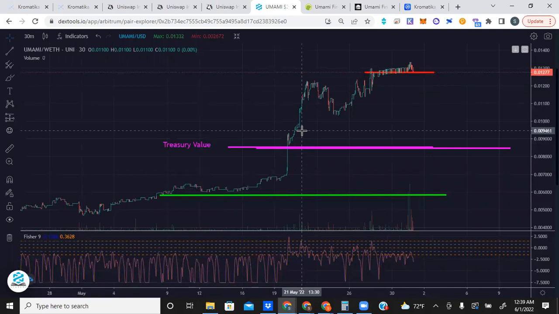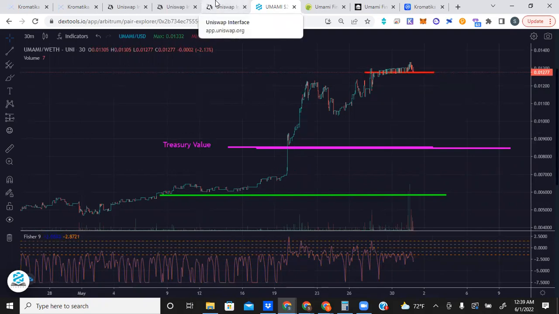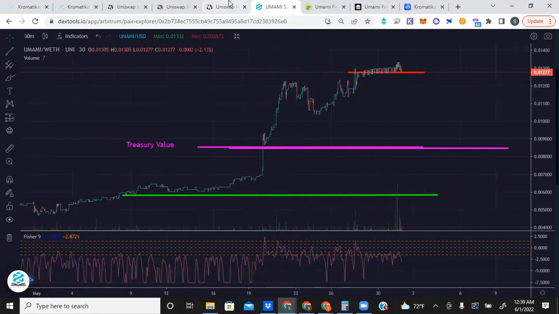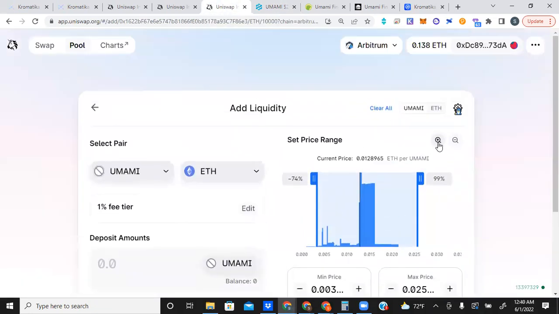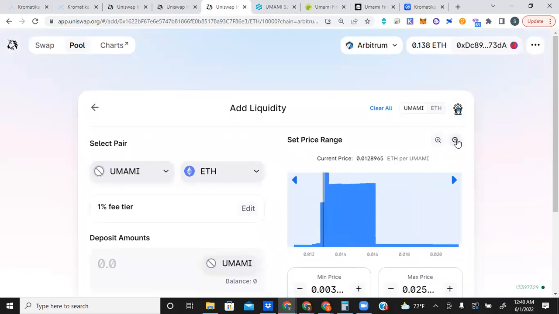So now that we were able, through a DAO vote, to increase the Umami supply to 1 million, I could then create a liquidity pool so that we could increase the supply, especially at these higher prices that we're at now.